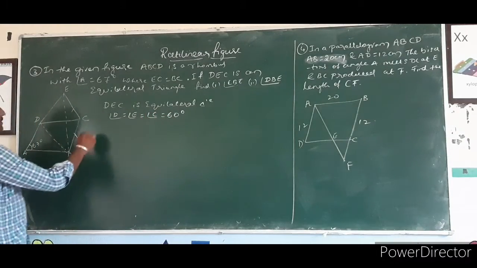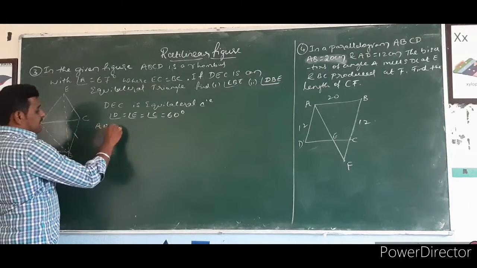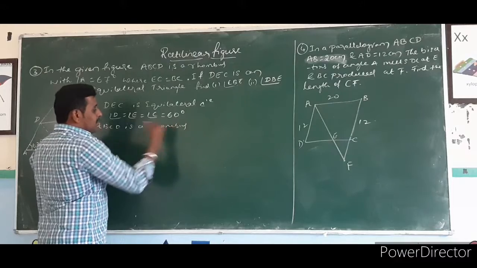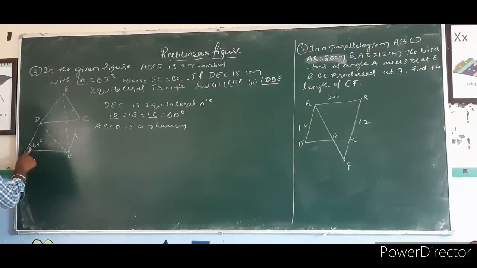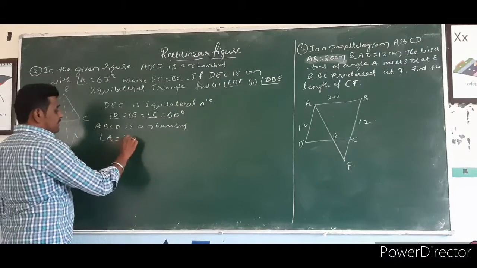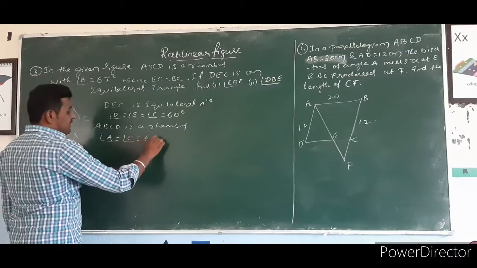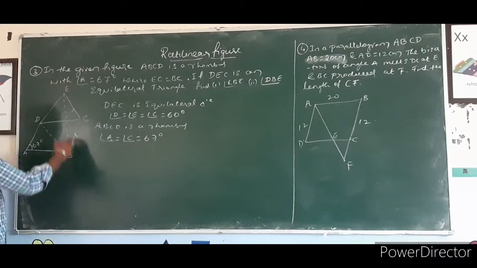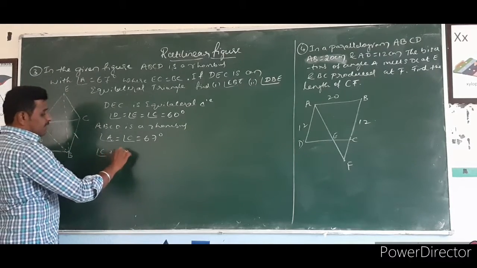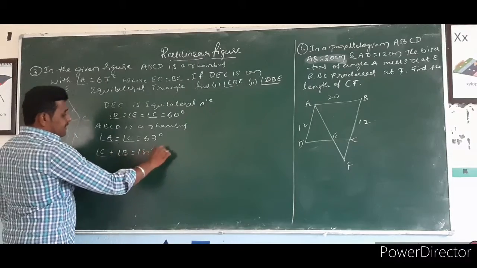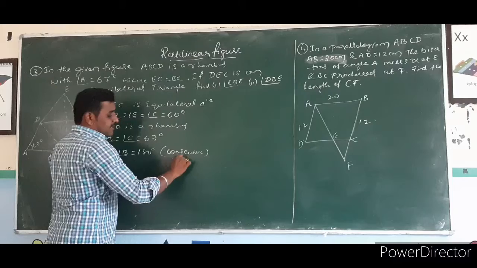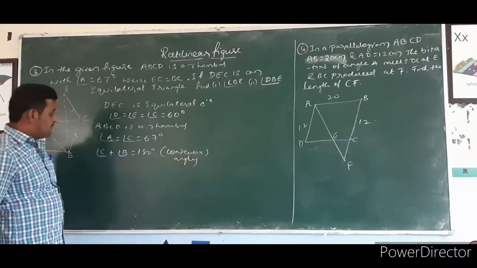Next, ABCD is a rhombus, which means opposite angles are equal. Angle A equals angle C, that is 67 degrees. If you want to find angle C and angle D, angle C plus angle D equals 180 degrees, consecutive angles.